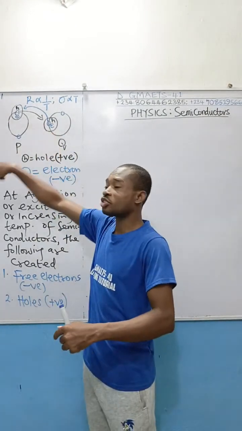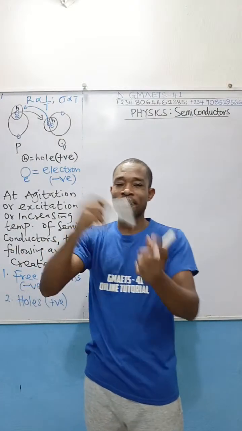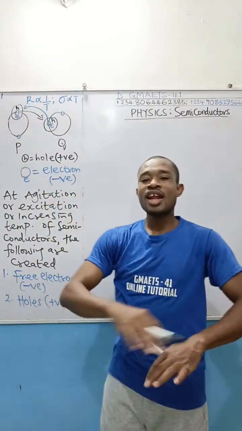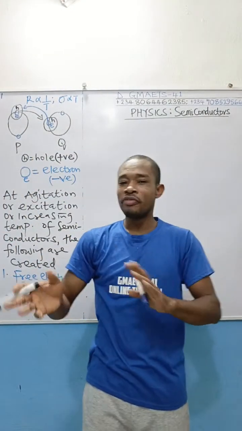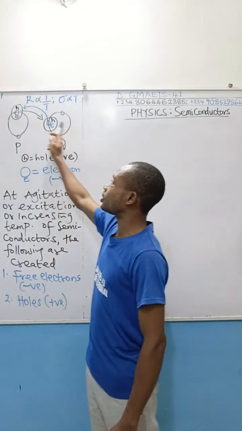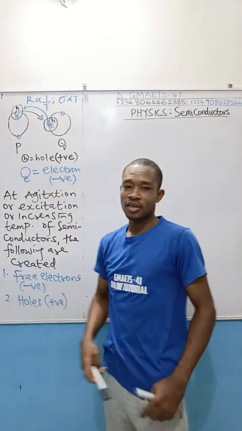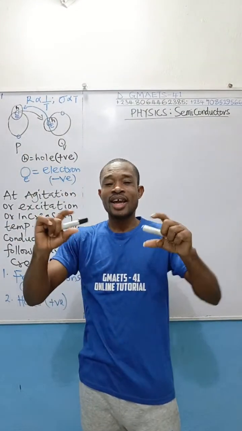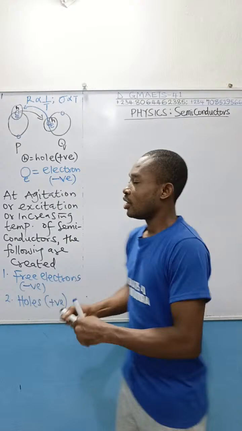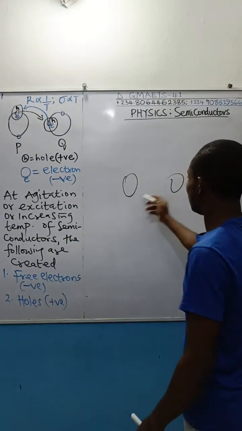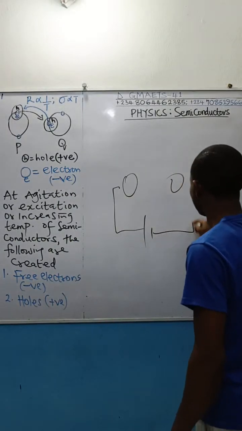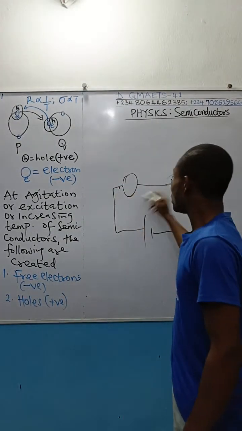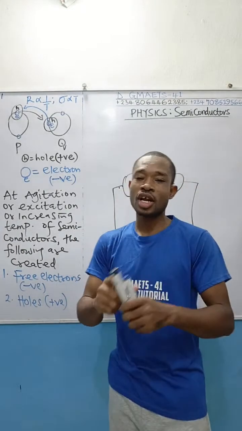This movement of electrons and creation of holes, okay? In this state, the electrons move anyhow. Now, when you apply a potential difference across this, that is connecting it to maybe a cell, a battery, the electrons will be given a directional movement.